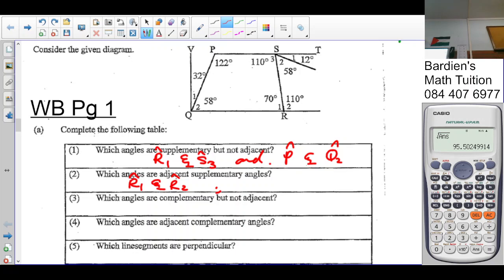Okay. Which angles are complementary but not adjacent? Complementary angles are angles that add up to 90 degrees. But not adjacent, so they're not next to each other. So they add up to 90 but not next to each other. Which angles are those? Which angles add up to 90?